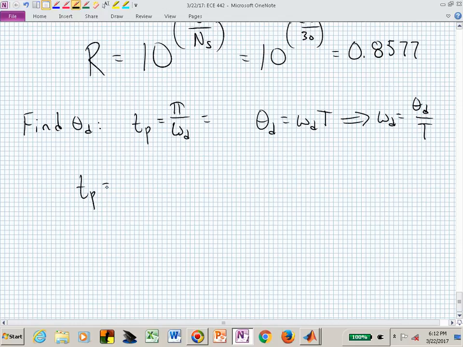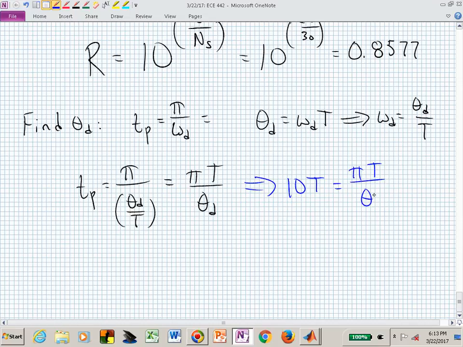Or now our time to peak is pi over theta sub d over t, or pi t over theta sub d. But we were given that time to peak was 10 samples. Or this equation now says that 10t is equal to pi t over theta sub d. This is our time to peak. The t's cancel, and we can now solve that for theta sub d.